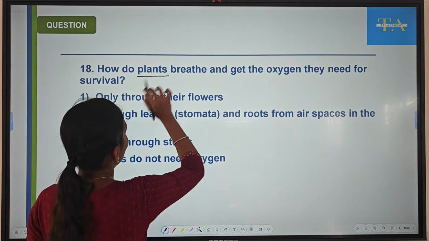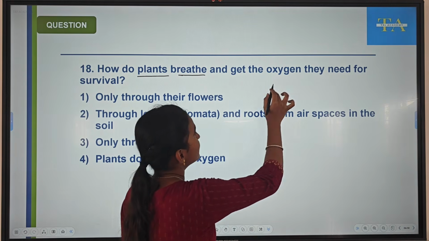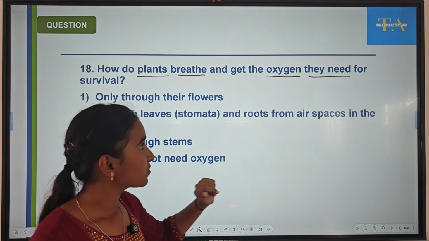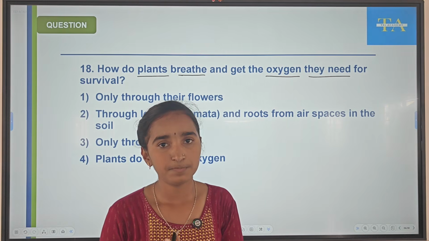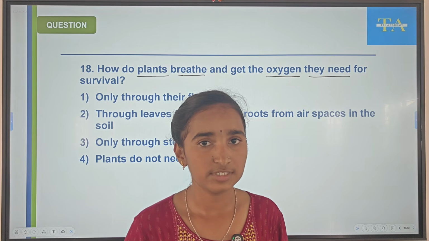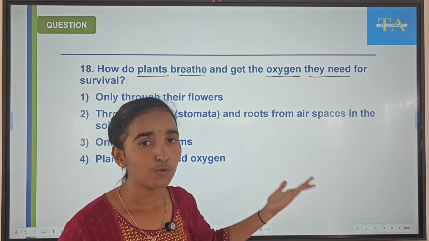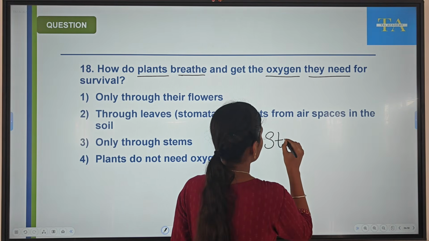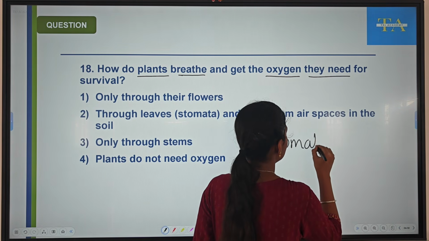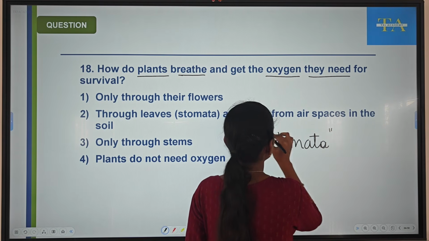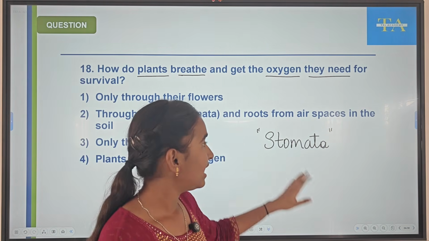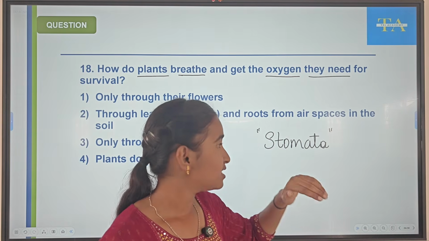How do plants breathe and get the oxygen they need for survival? Plants also respire to carry out their life processes. Here they are asking how it is carried out. We know about stomata. What are stomata? These are the tiny pores present in leaves. They help for gaseous exchange.